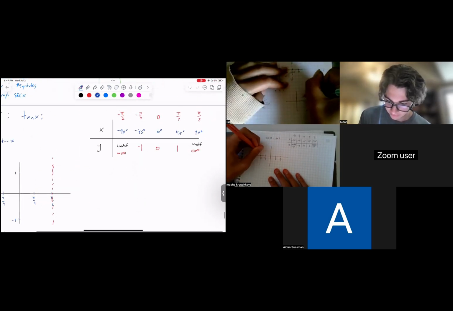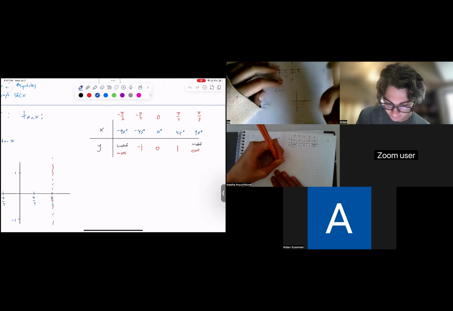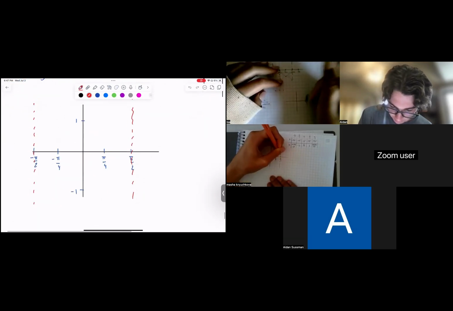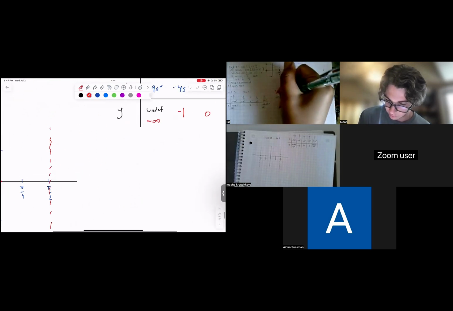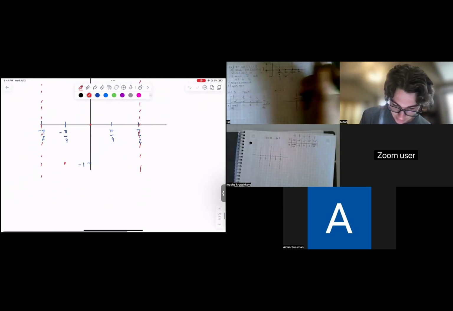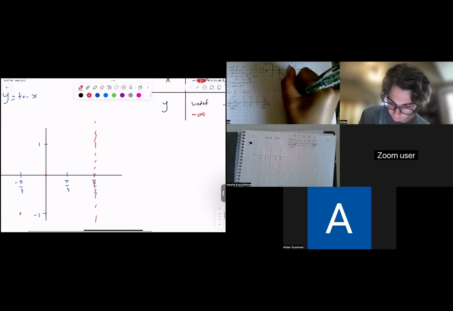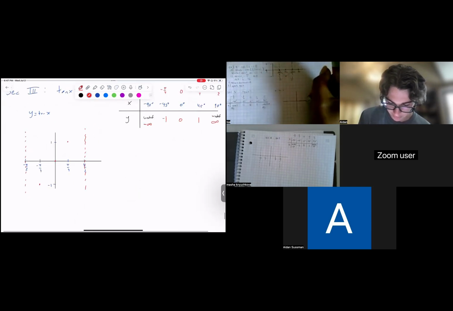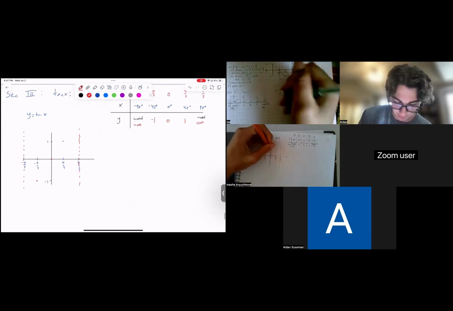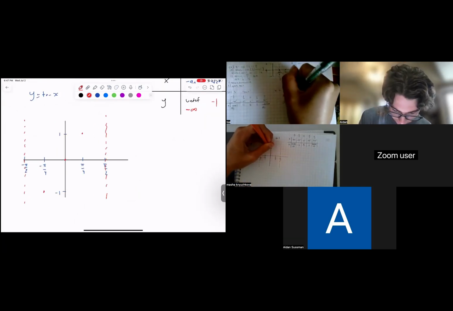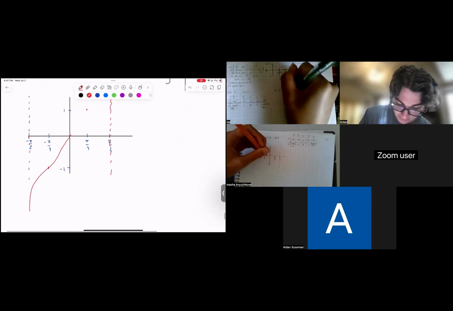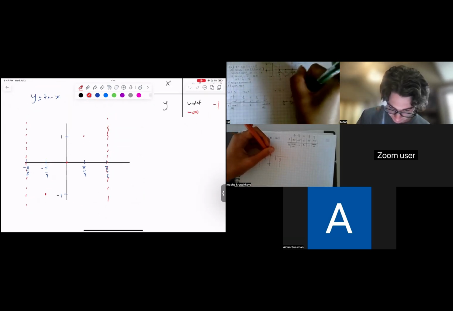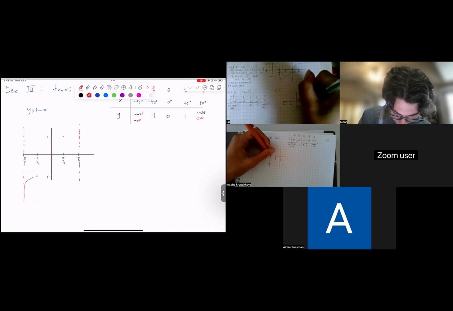How do we get this? Well, that's just these guys. And we're going to mark, we know at 0, it's 0. At negative pi over 4, we're told it's negative 1. At positive pi over 4, our table tells us it's positive 1. And guess what? It just follows the asymptote after this. So it's going to look something like, now tangent looks a lot like, let me make this as nicely drawn as I can.